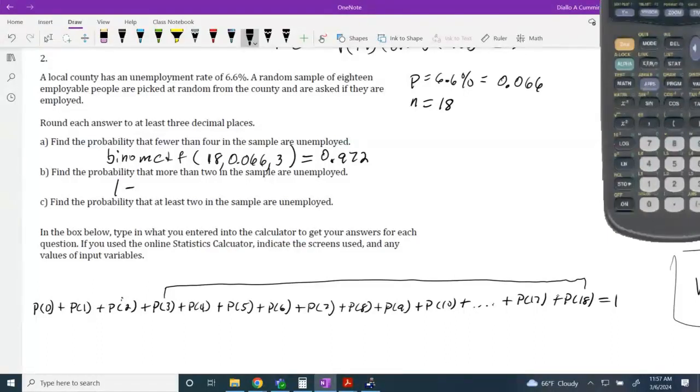It's going to be 1 minus the binomial CDF for 18, 0.066, 2. The calculator is going to give me these probabilities added up together, and once we subtract it from 1, it's going to give us the complement, or the probabilities of 3 through 18.